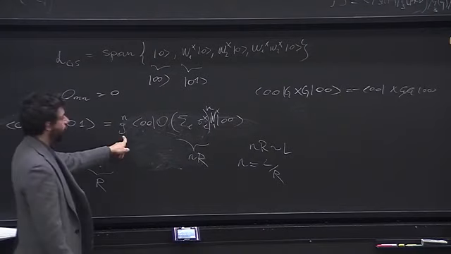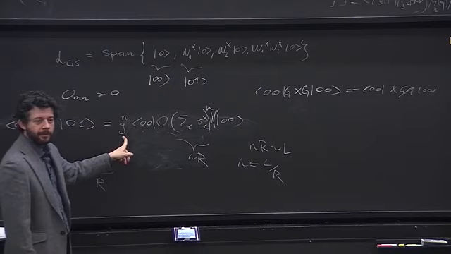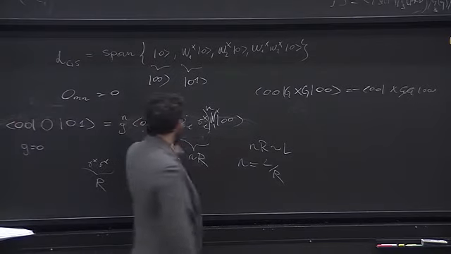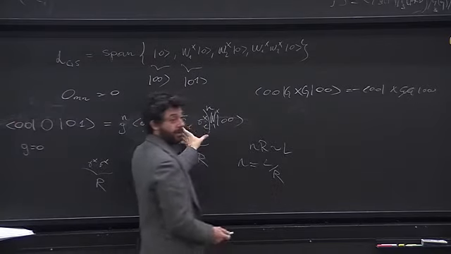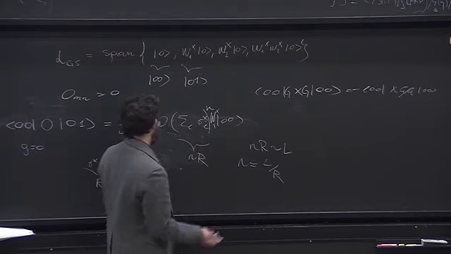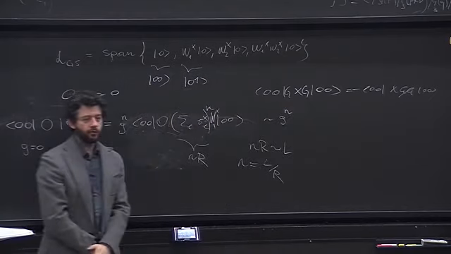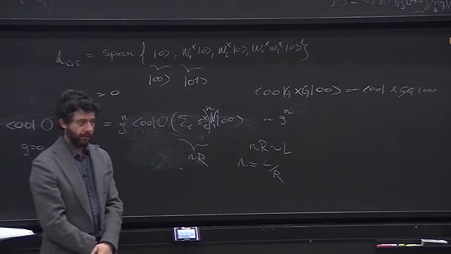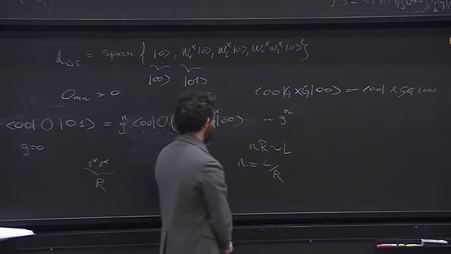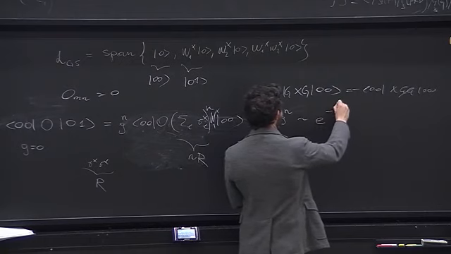But you see now we have a G to the n here. So this value is order 1 by definition, so this goes like G to the n. G is a perturbation, right? So it's a number smaller than 1. So this goes like e to the minus L over R.